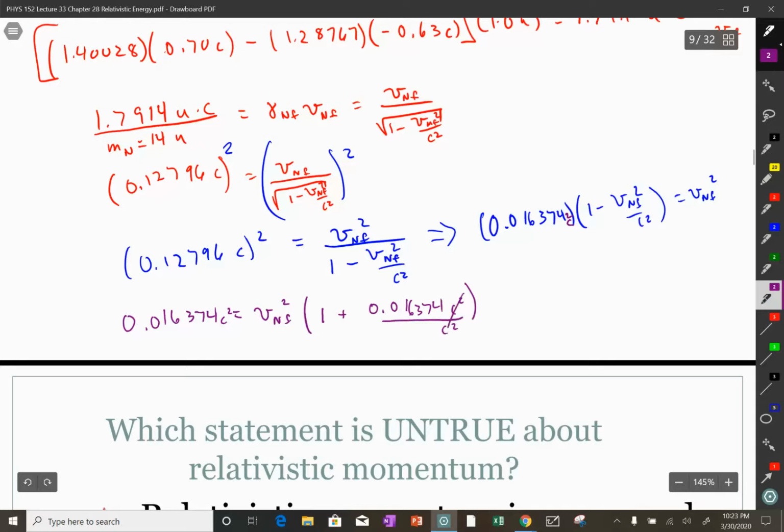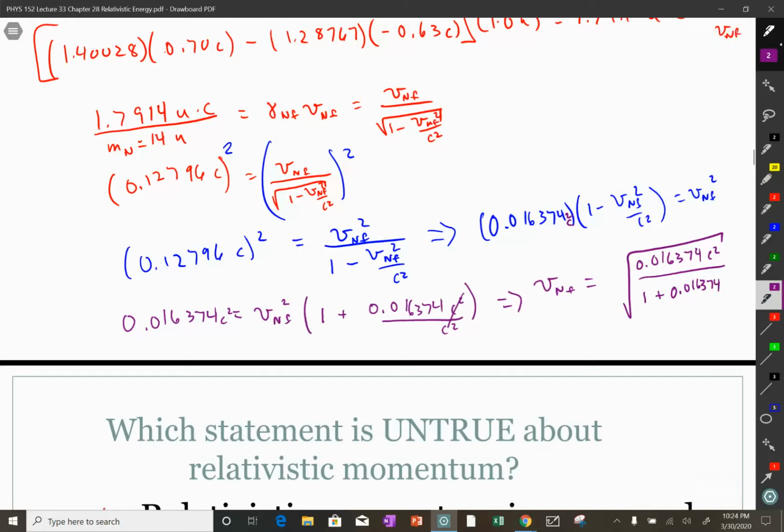Notice the C squared over C squared cancel. And so finally, Vn final is equal to the square root of 0.016374 C squared over 1 plus 0.016374. So now, if I did my work correctly, I'll get the same answer I did the first time. Let's just put this in the old calculator just to make sure.